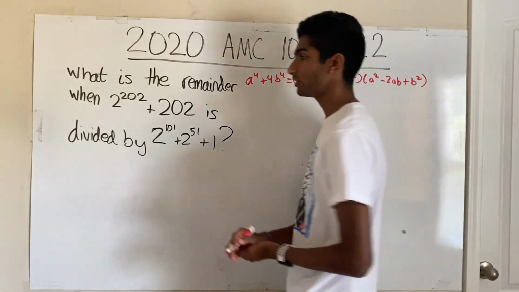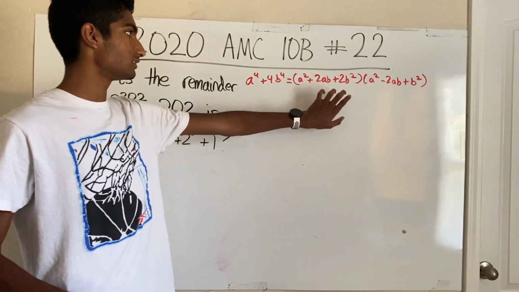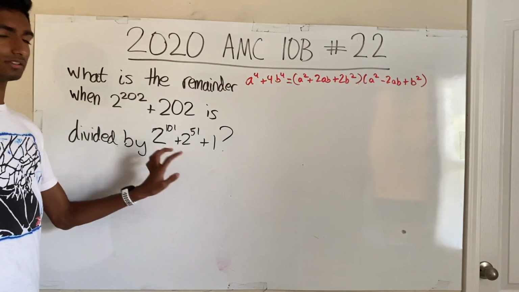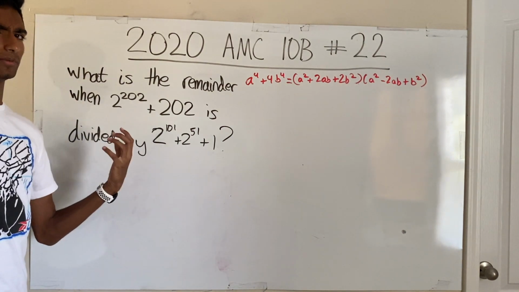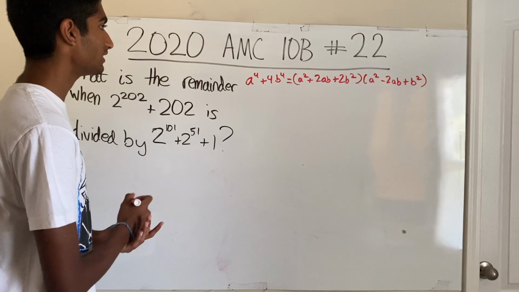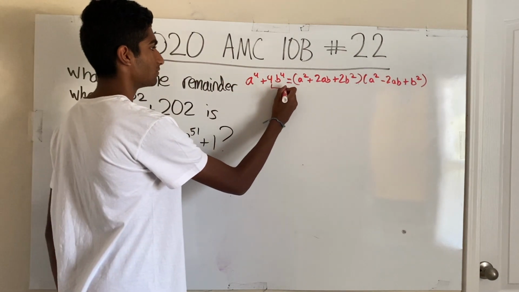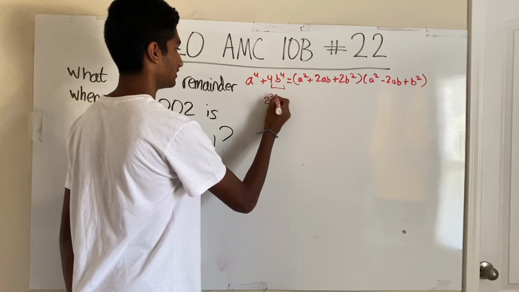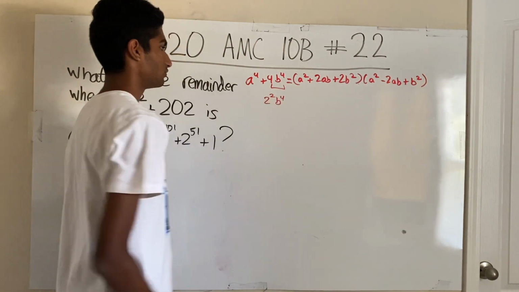So you're probably wondering how we applied this formula, which has all these variables, to this problem, which has all these numbers. The way we would do that is looking at this 4b to the fourth term. Now 4 is the same as 2 squared, right? So we just have 2 squared b to the fourth.